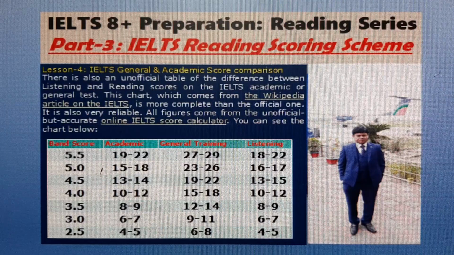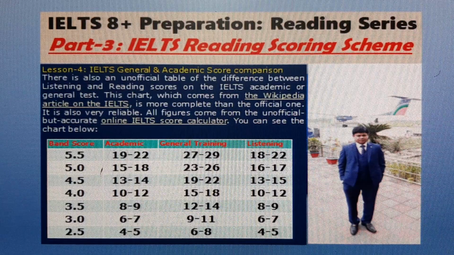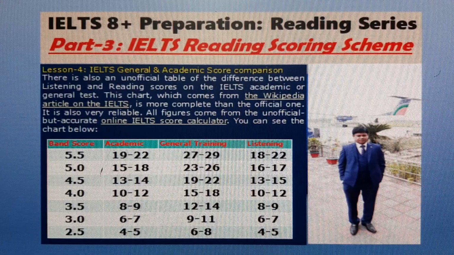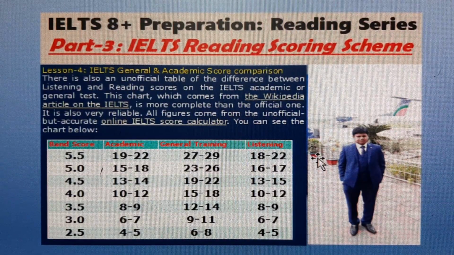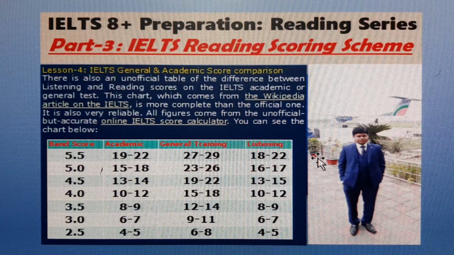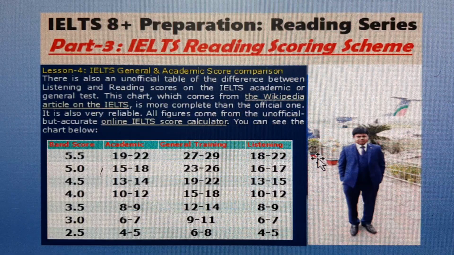Band score 3.5. IELTS academic reading raw score 8 to 9, general training reading raw score 12 to 14, and listening raw score 8 to 9. IELTS band score 3.0 is equal to IELTS academic reading raw score 6 to 7, general training reading raw score 9 to 11, and listening raw score 6 to 7.